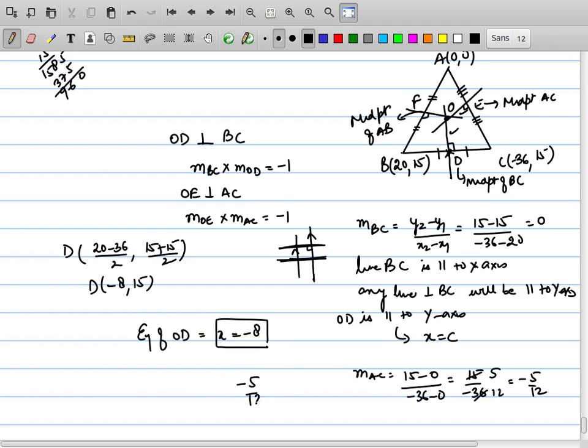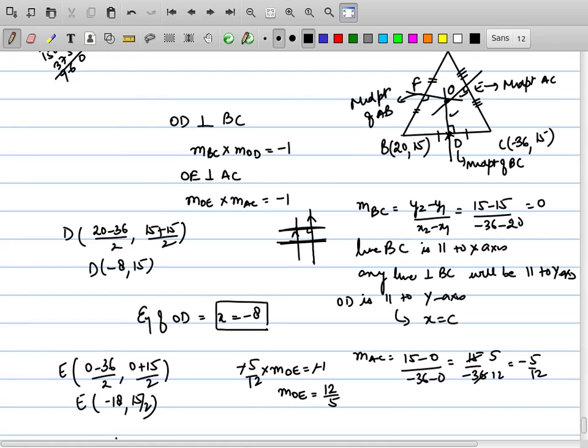Minus 5 by 12 into the slope of OE should be -1. Minus and minus go. Slope of OE is what? 12 by 5. Now OE is passing through E, and what is E? E is the midpoint of AC. Therefore what is its coordinate? (0 minus 36) by 2 and (0 plus 15) by 2. Therefore E is what? (-18, 15 by 2).